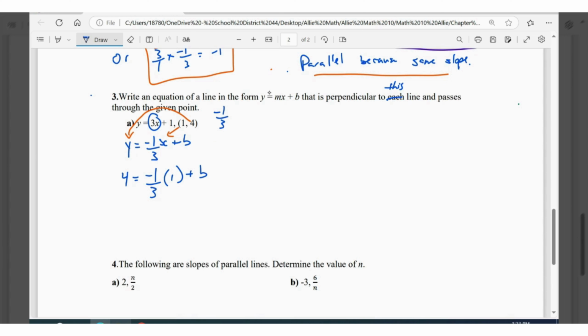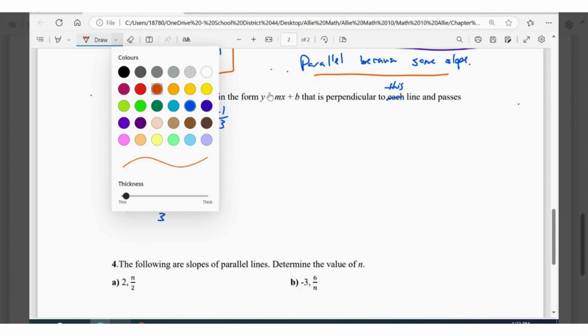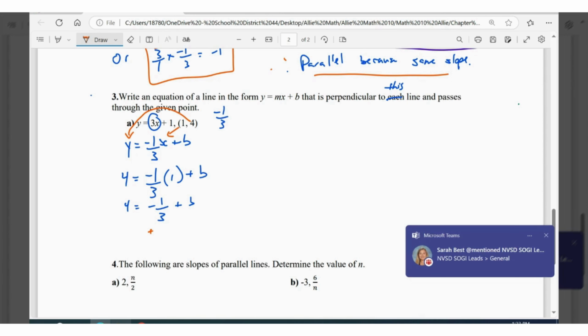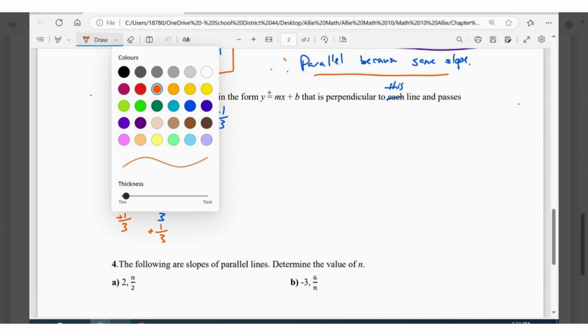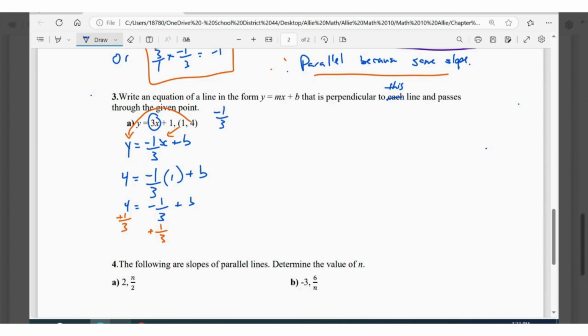Then we would get 4 equals -1/3 plus b. We can move this -1/3 to the other side by adding a third to each side. And then we would get b equals 4 1/3.